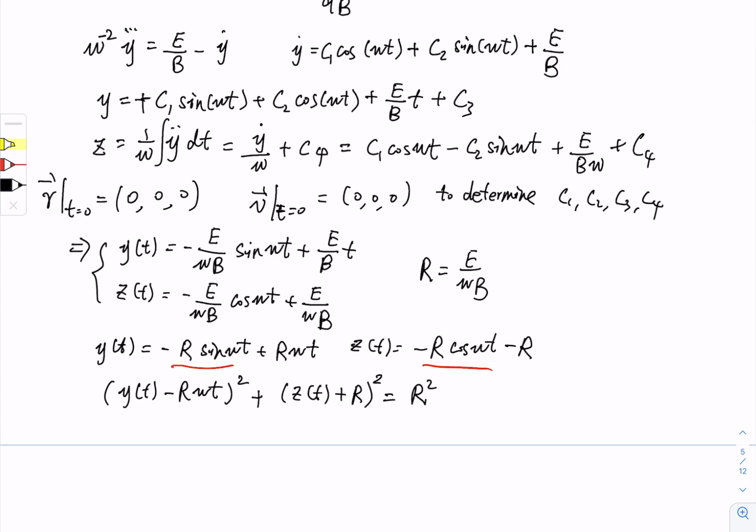And now you can see that this y t and z t somehow form a circle of radius R, however the center of this circle is in motion of R omega t. So you can think of the trajectory of this charged particle as a trajectory of a moving circle.